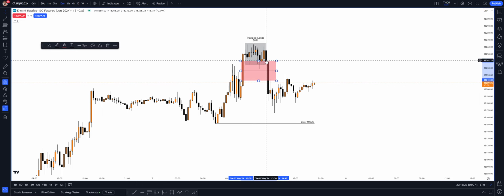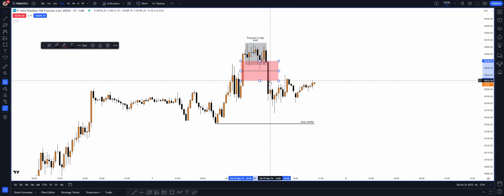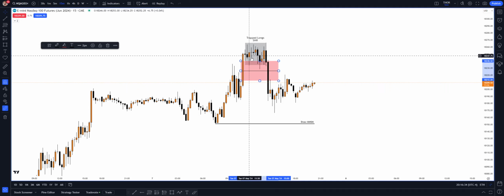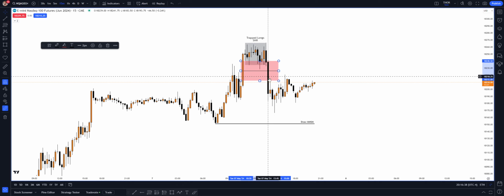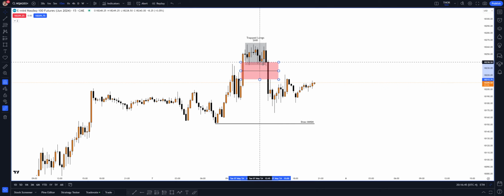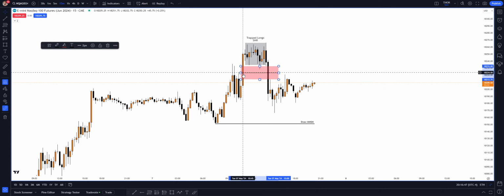And the moment it inverts that fair value gap, now you have a confirmed smart money reversal and confirmed trapped positions. Now once it closes like this here with the 1:45 candle, now you have a BPR, which is SIBI overlapping BISI.